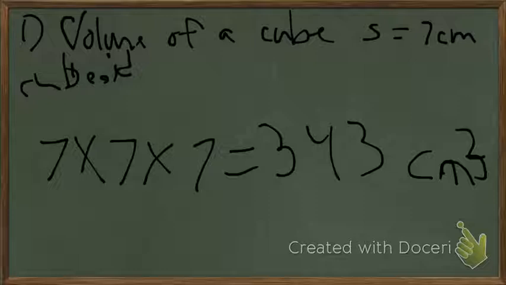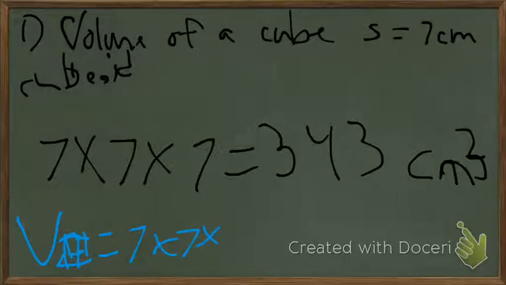Yep, just tap. Well, it was just a quick example, but you should do V. And whatever shape you're doing. Very nice. I'm not an artist. Equals 7 times 7 times 7 equals.